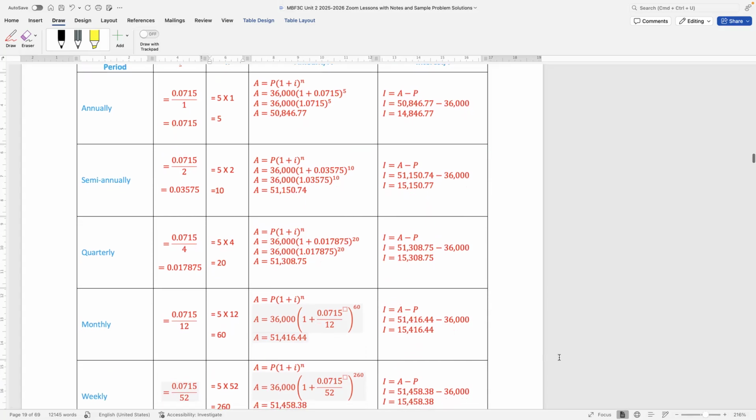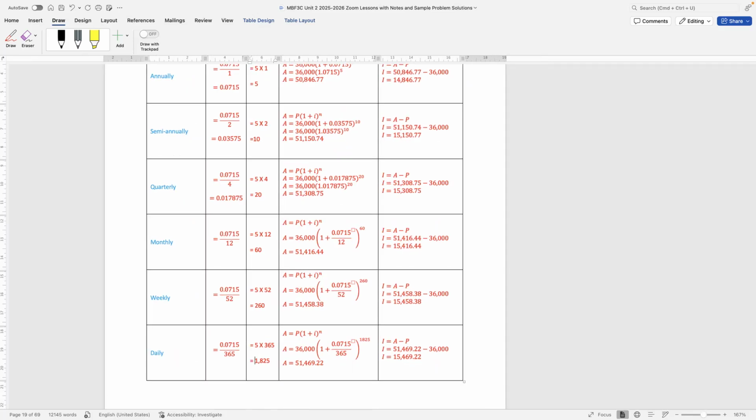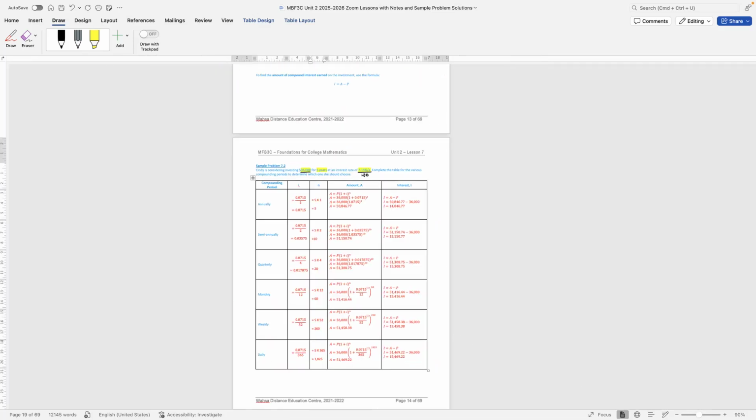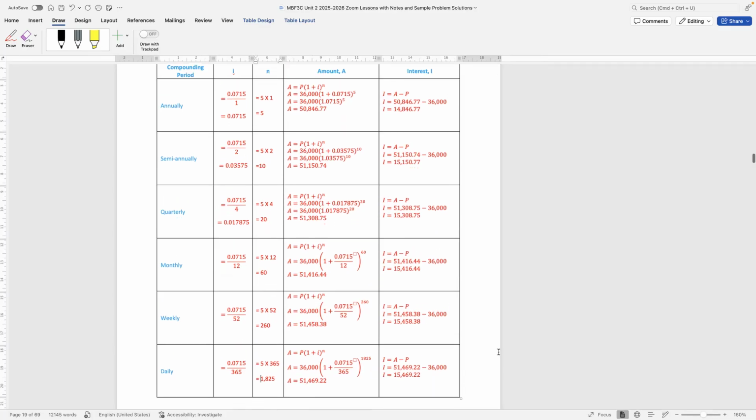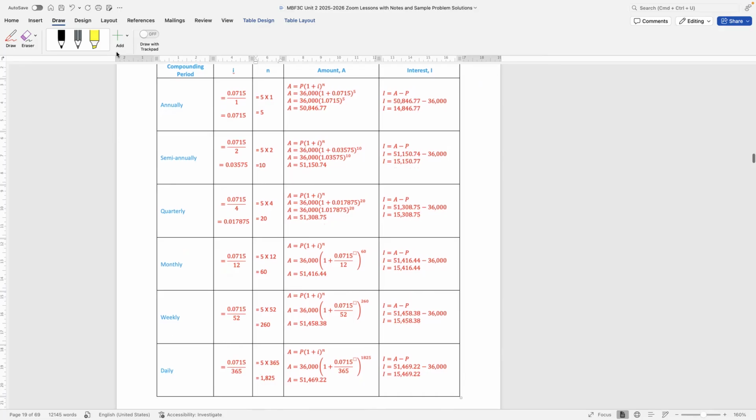So now what I'm going to do is I want to see all of these on the screen at the same time. I'm going to make this a little smaller so that I can get all of them on the screen. So now I've got all of them on the screen: annually, semi-annually, quarterly, monthly, weekly, daily. So what you'll notice is that the amount of interest earned here was 14,846.77.